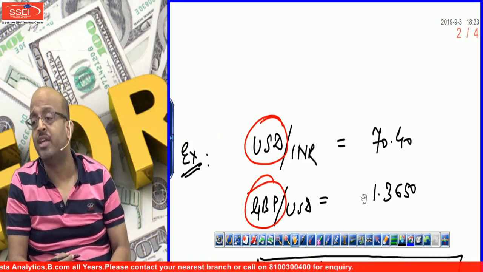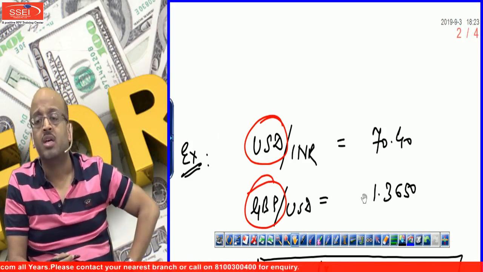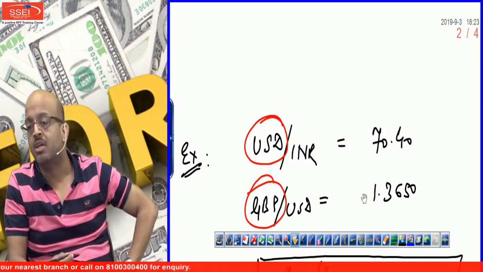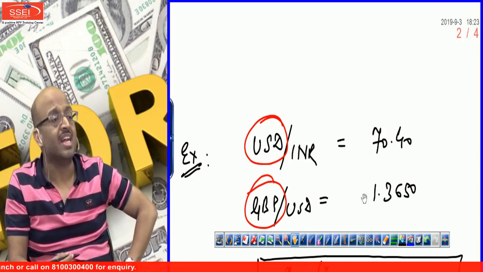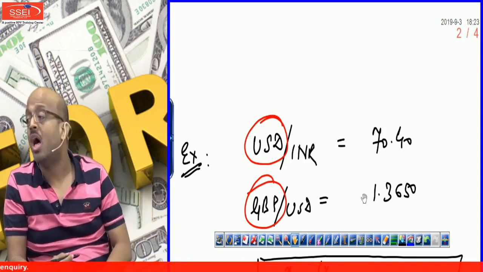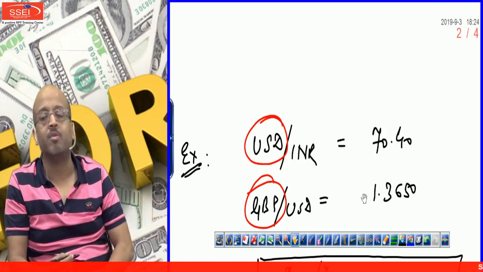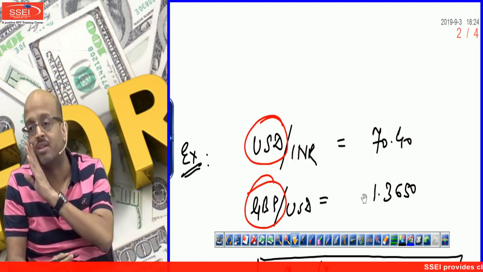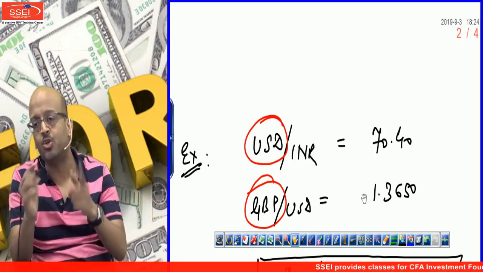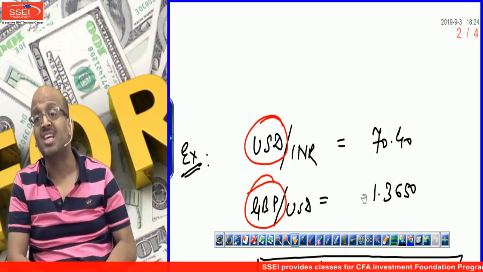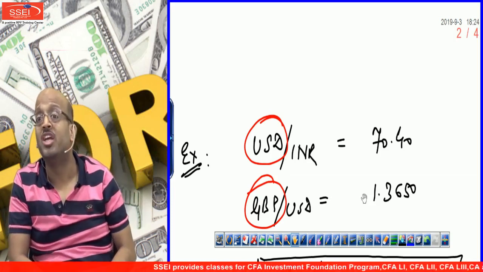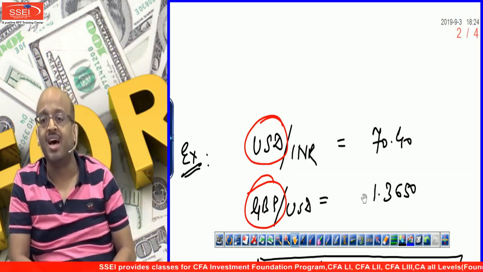What if the currencies given in the question are not normal, are not popular? I hope you understood this doubt. This doubt had to come. Sir, you have taught us the hierarchy for popular currencies: GBP, USD, Euro, INR, JPY.